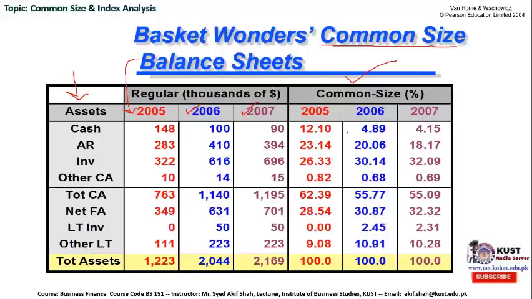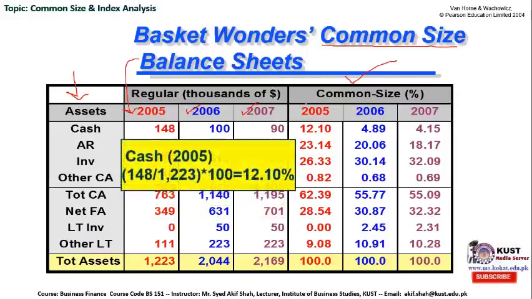How is a particular percentage calculated by the financial analyst? Let's discuss one of them. In year 2005, in order to arrive at 12.10%, according to the common size analysis for the balance sheet, we are required to divide the relevant account's value, which is 148, by total assets and then multiply it by 100, which will give you 12.10.